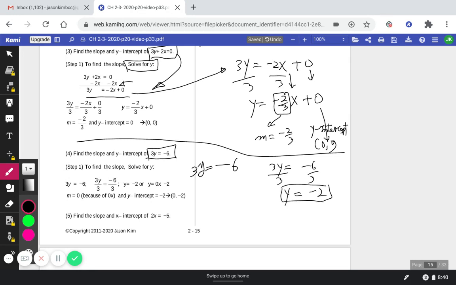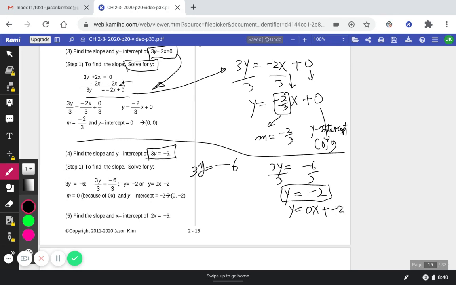What does that mean? That means this is the equation. Do you have a slope? No slope. Why not? How do you know? No x's. Okay. So if I rewrite this with x, it's actually 0x plus -2.